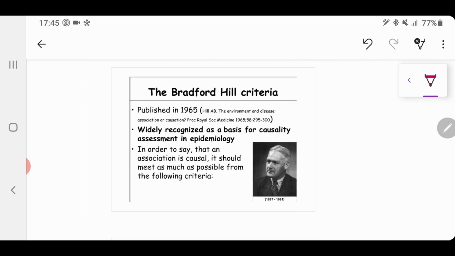All right, now Bradford Hill. So pretty simple here. Bradford Hill was an individual who published a book basically giving an outline of criteria, specifically 9 criteria, justifying how we can identify causation to be more believable.